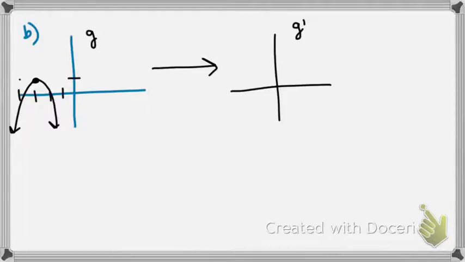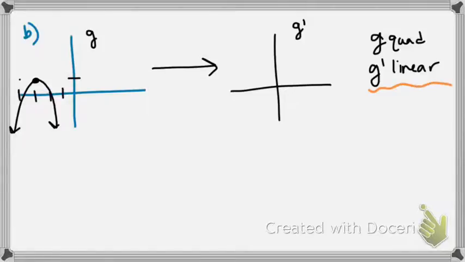Okay, now let's talk through it. G is quadratic. That means that we are graphing a linear function. Also, g had a maximum at x equals negative 3. So that means g prime is going to equal 0 at x equals negative 3.